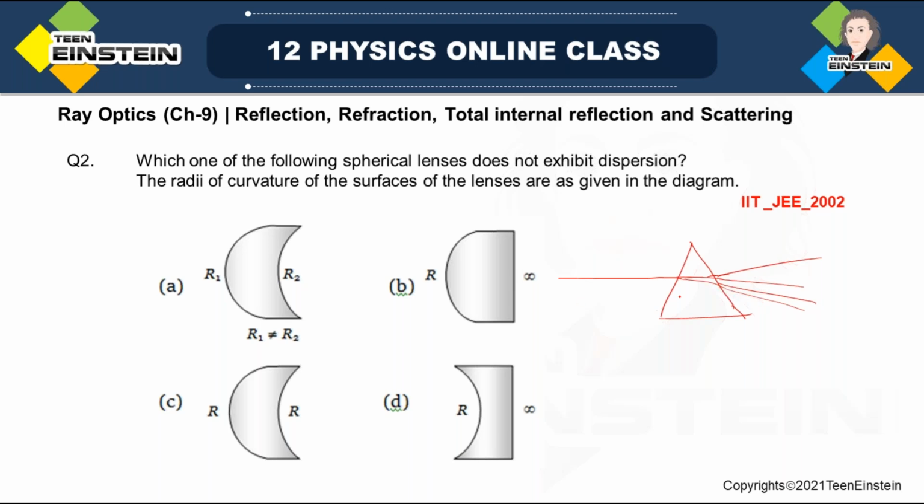When light of different wavelengths refracts through a prism, each has a different velocity in the material of the prism, so some components take greater time and some take lesser time to cross that thickness of the prism.